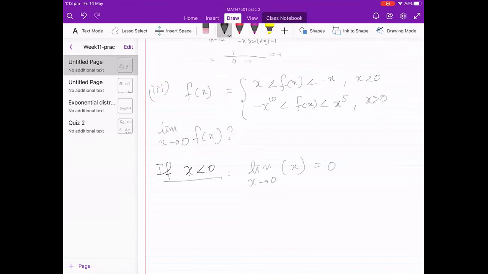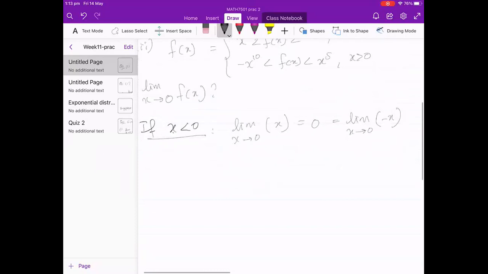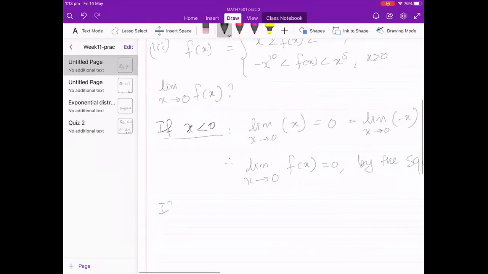This is 0, which is also the same as the limit as x tends to 0 of minus x. Therefore, the limit as x tends to 0 of f(x) is equal to 0 by the squeeze theorem. If x is positive, you still get the same thing.